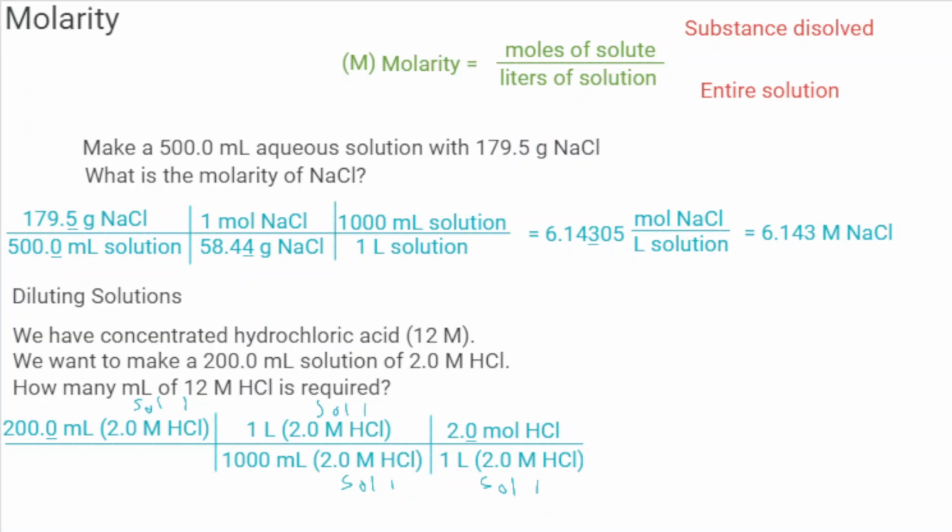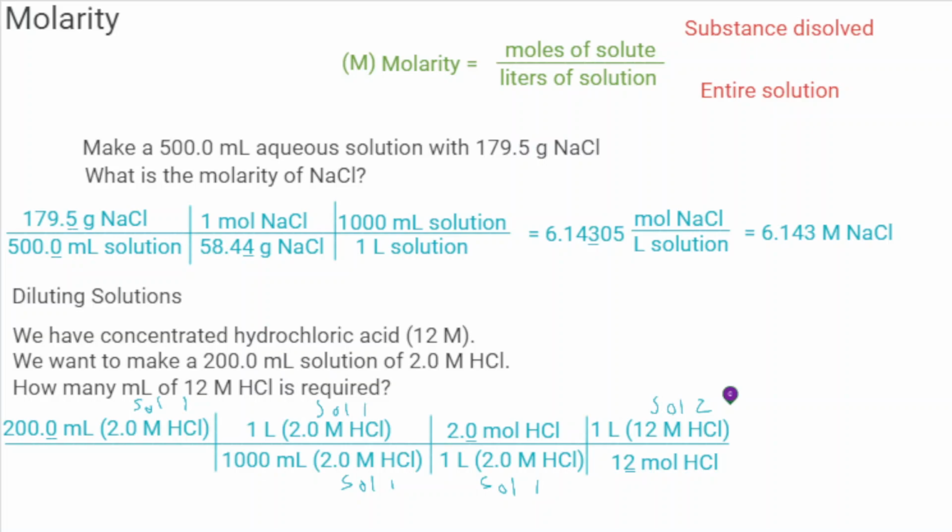So now that we have our answer in moles, now we can convert to the other type of concentration. So when we go to the other type of concentration, we'll simply put in our 12 moles of hydrochloric acid on the bottom for every liter of the 12 molar hydrochloric acid solution. Or another way of labeling this, if you want, is solution 2 or solution B, whatever works best for you.